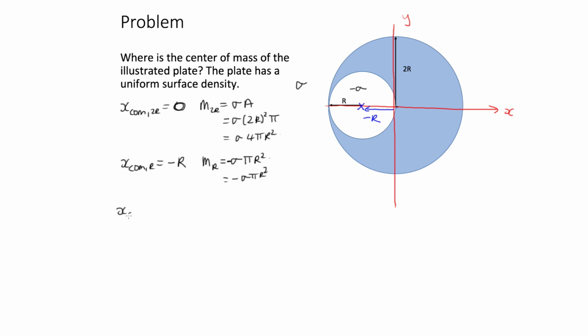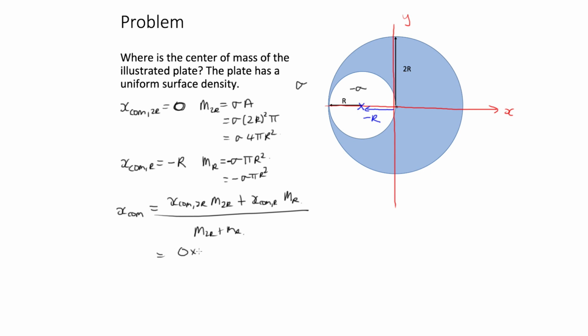So x for the center of mass is equal to x center of mass 2r, that's this big shape, times the mass of 2r, plus x center of mass for r, this smaller circle, times the mass of r, divided by mass of 2r plus mass of r. So let's substitute in.